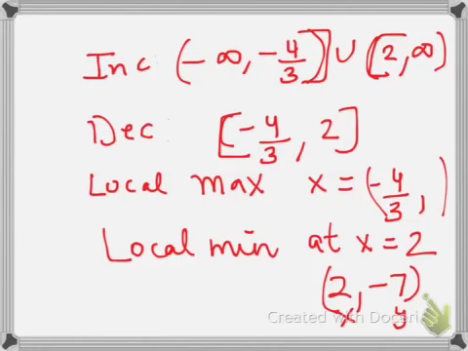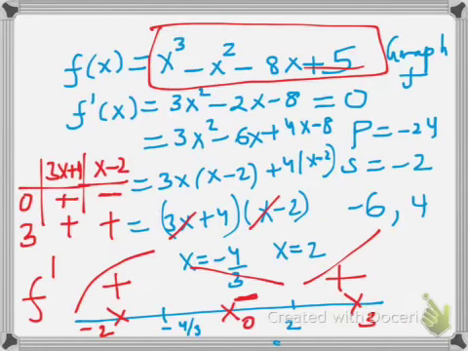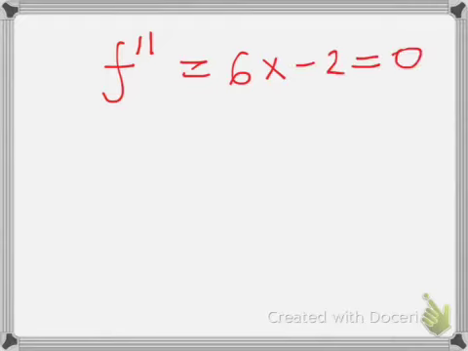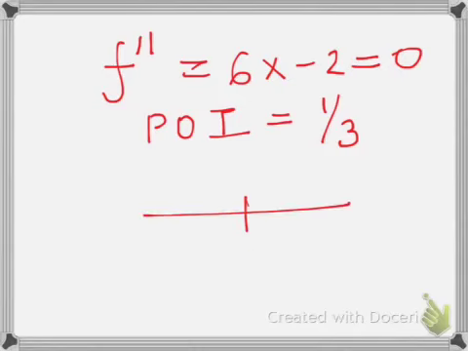So first derivative done. Now let's look at the second derivative of this, which is 6x minus 2, right? Set it equal to 0, I get my point of inflection, which is 1/3. So again do a number line, take test points.